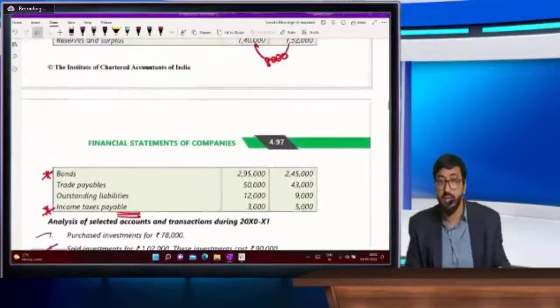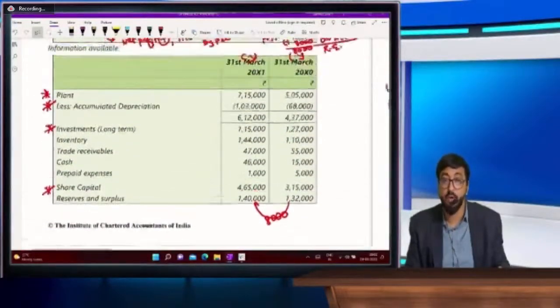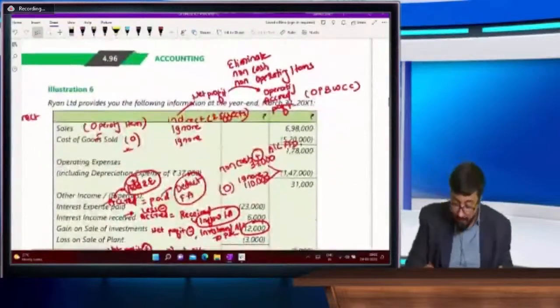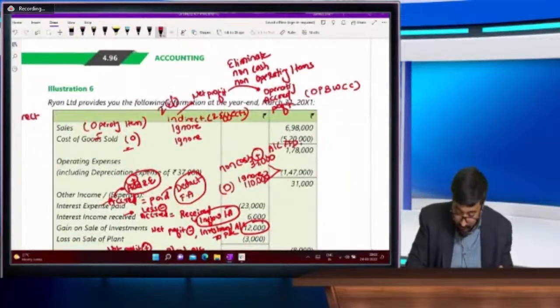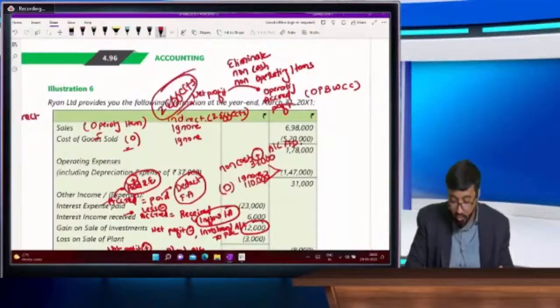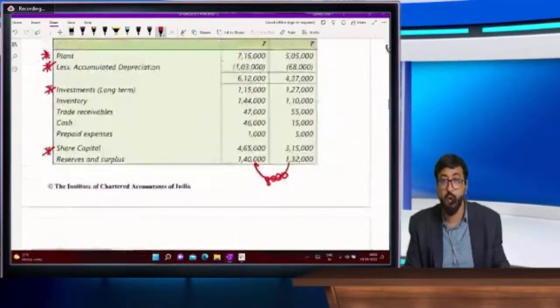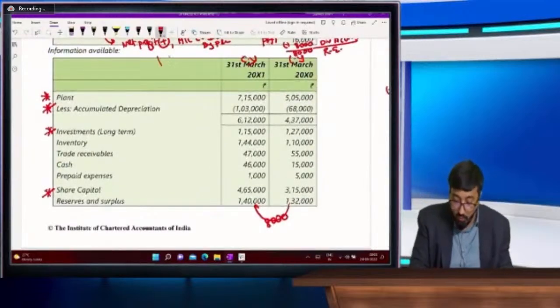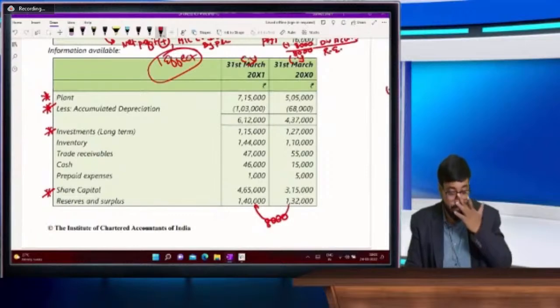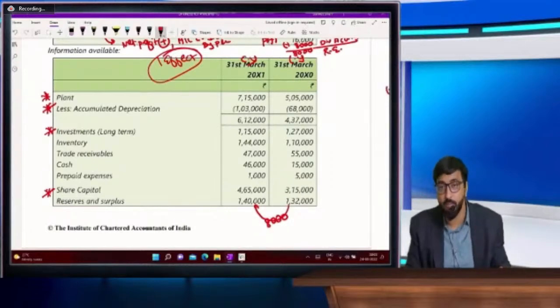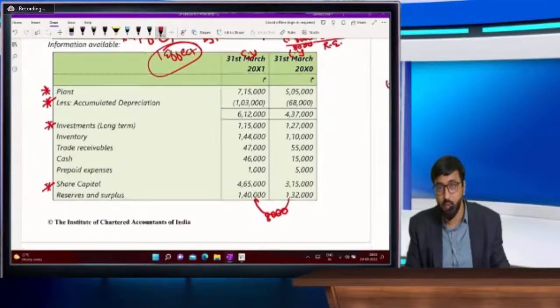So for P&L, two effects, and for balance sheet, only one effect. This is a solving technique, beta. You can write this: for the indirect method, two effects for P&L and one effect for balance sheet. Plant account we open, AD account we open, investment open.